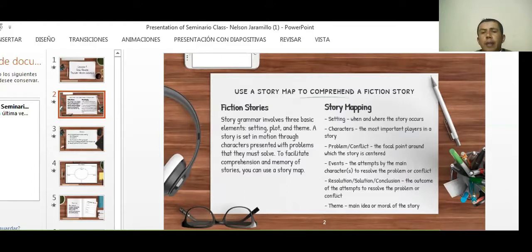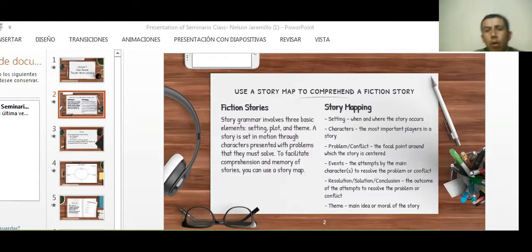To understand the context while you read any of those types of stories, you can apply some strategies. So, today you are going to learn how to understand the different elements of a fiction text through story mapping. Specifically, how to identify the setting, characters, problem, and solution.